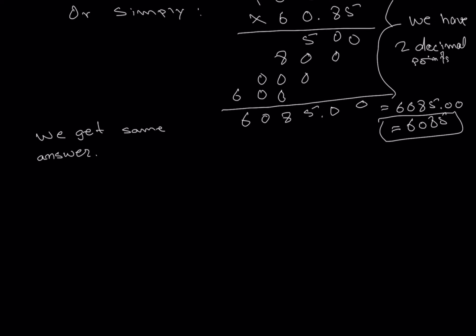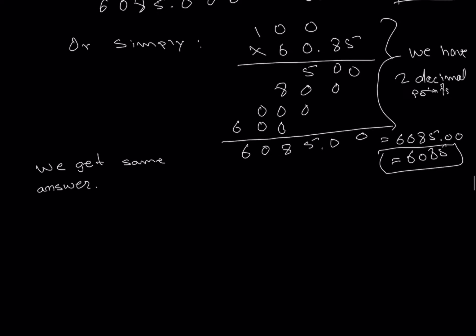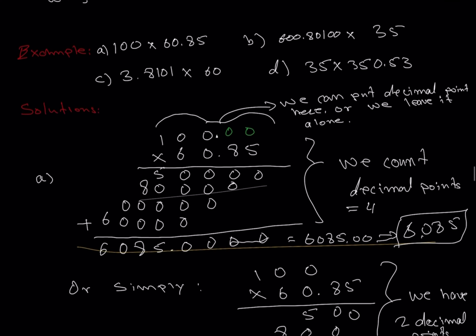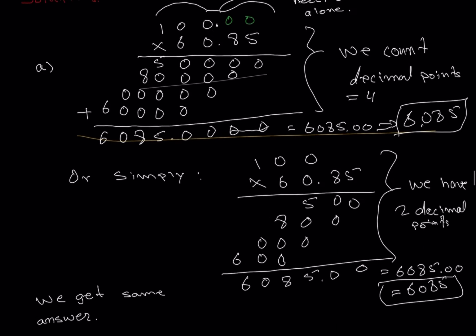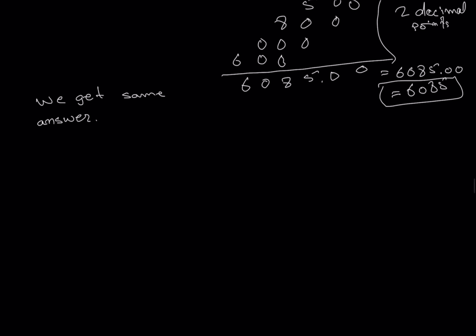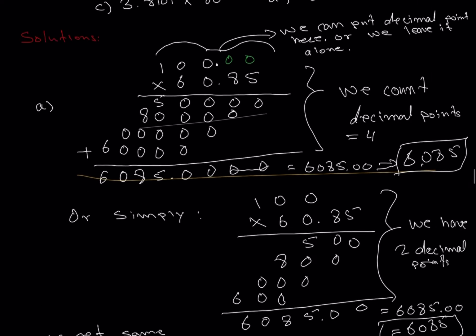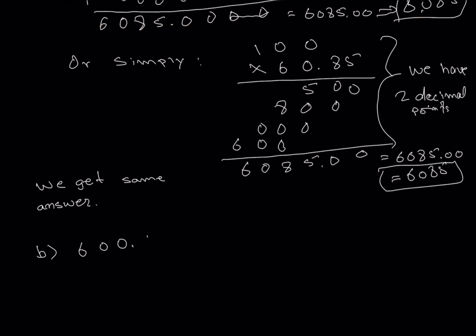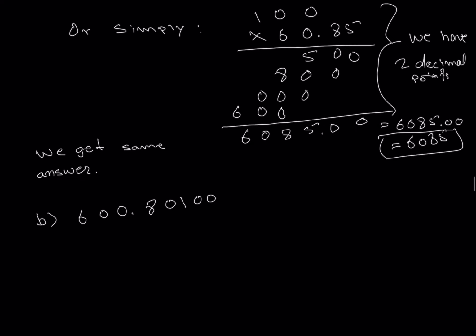Okay, let's do question number B. B is 600.80100 by 35. So B is 600.80100 times 35. I can write down right here.